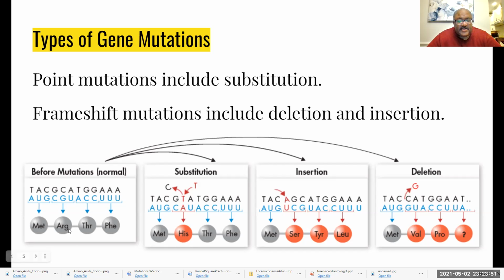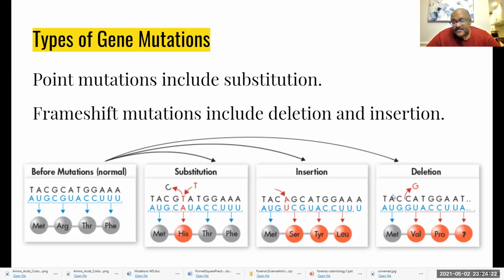Where it was arginine right here, it changes to histidine, and that changes the sequence, and whatever the function of that particular gene was can change. Insertion is a letter inserted, and the bottom line is that if it changes the amino acids it codes for, then it can change the actual function of the gene.